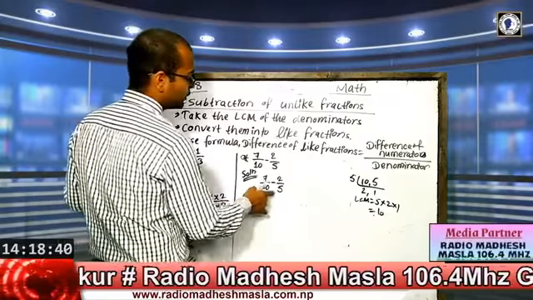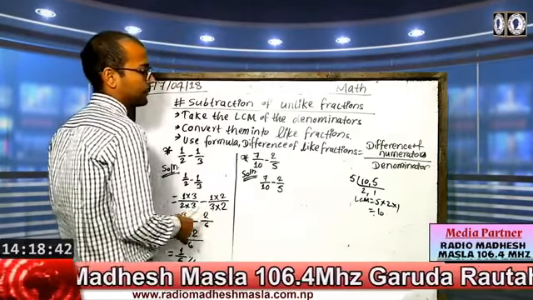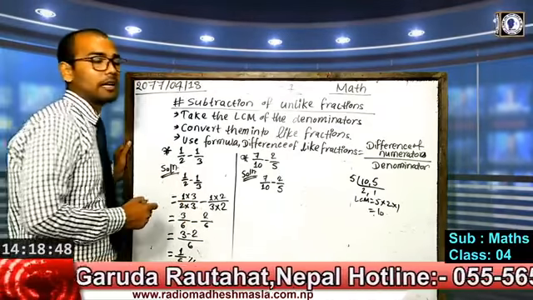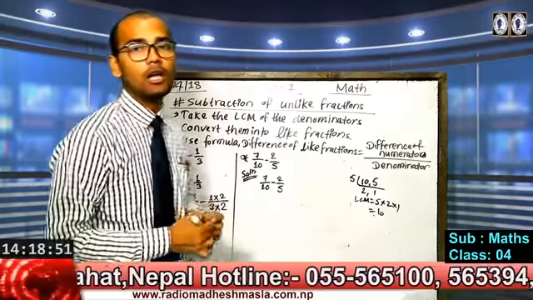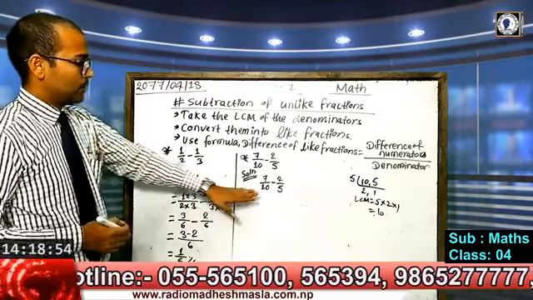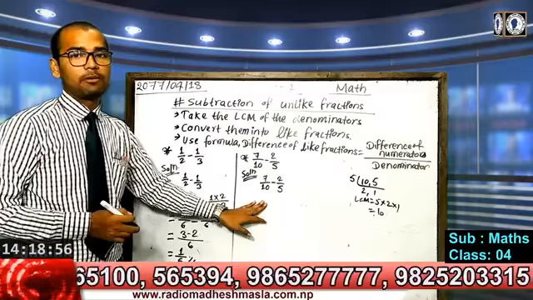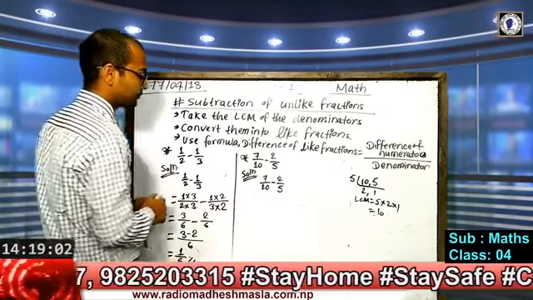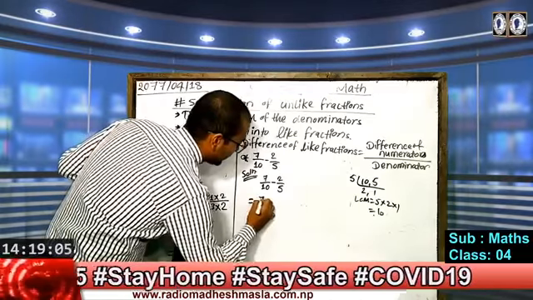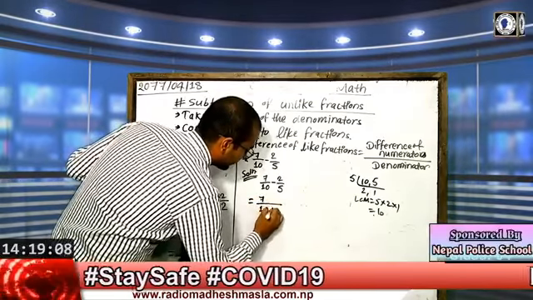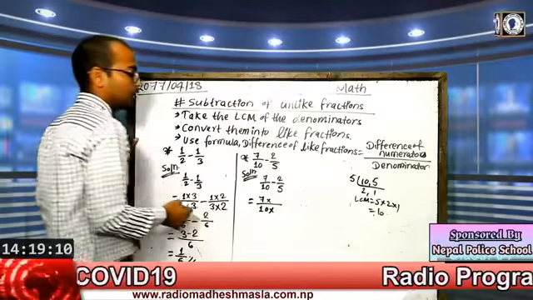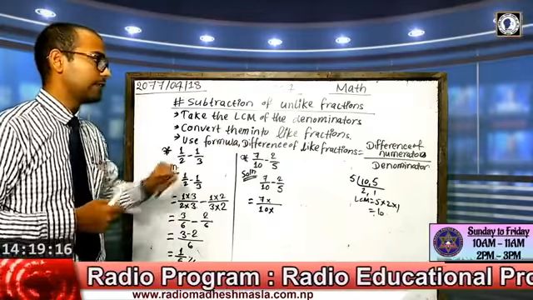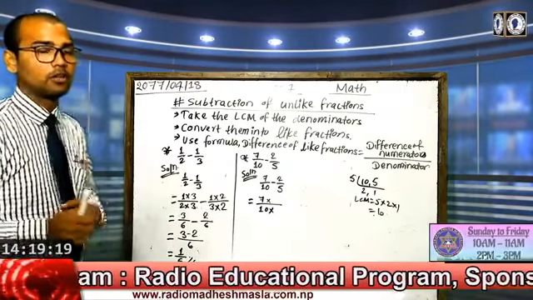So we should make the denominators 10 to convert them into like fractions. As you know, after taking the LCM, we should convert them into like fractions. So here we are going to convert the two fractions 7 by 10 minus 2 by 5 into like fractions. So 7 by 10: by what number is 10 multiplied to get the LCM?